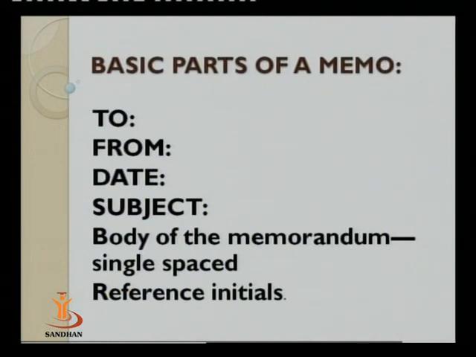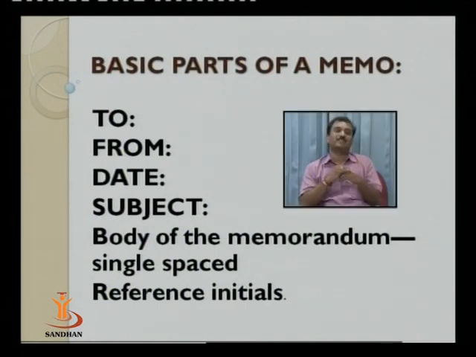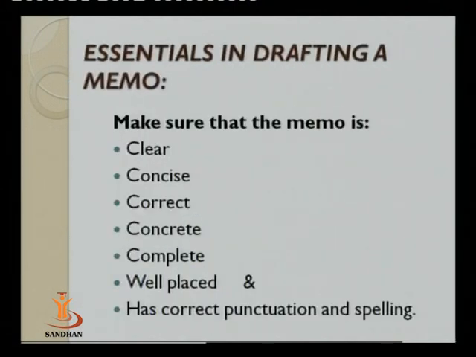The third is the date. Fourth is the subject. Fifth is the body of the memorandum, the entire message, the heart of the memorandum, and it should be single spaced. Then the reference initials come afterwards.